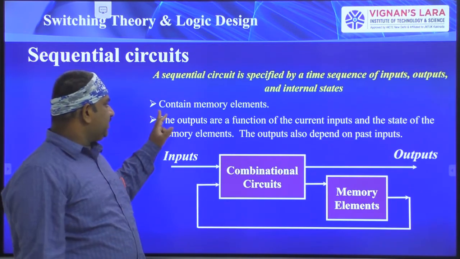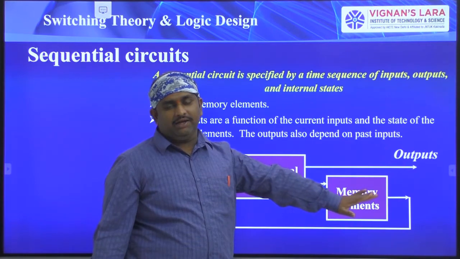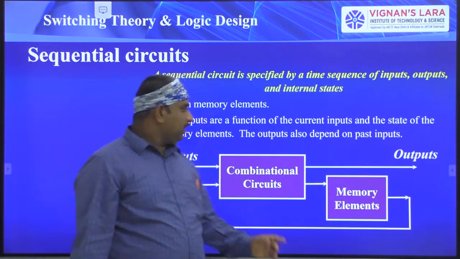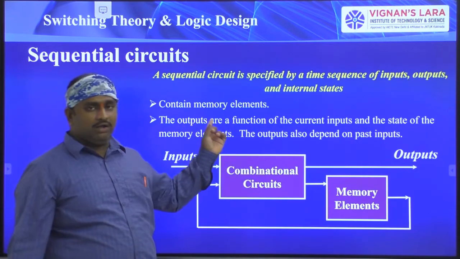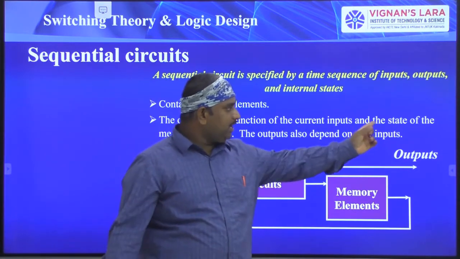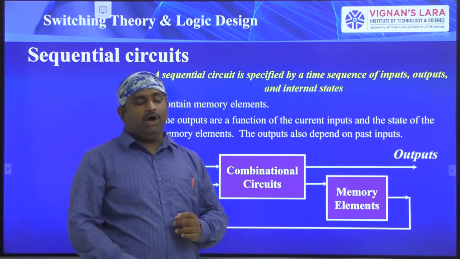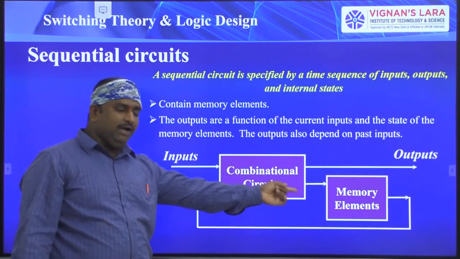See here once again, it contains a memory element. If it is storing the data, it works like a memory. The outputs are a function of the current inputs and the state of the memory elements. So the output of this sequential circuit depends on present inputs and memory elements.